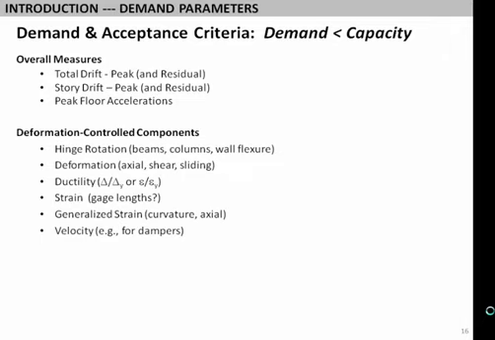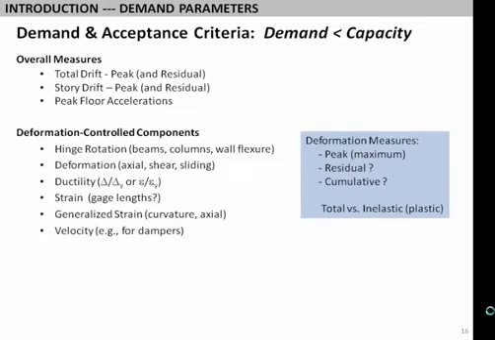So for example, if you're looking at beams, you could be looking at a hinge rotation. And of course, when you look at ASCE 41 and others, they give acceptance criteria and modeling criteria based on rotation capacities. But when you look at other things, you might be looking at strain or deformation quantities. So you have to think carefully in building your analysis model, and think ahead to what measurements you want to get out of it. You can also think about those measurements: are you just looking at peak measurements?